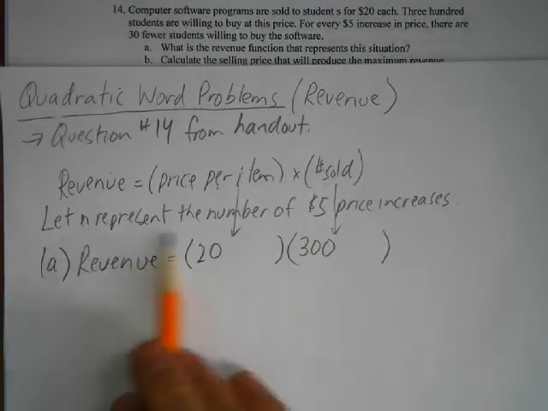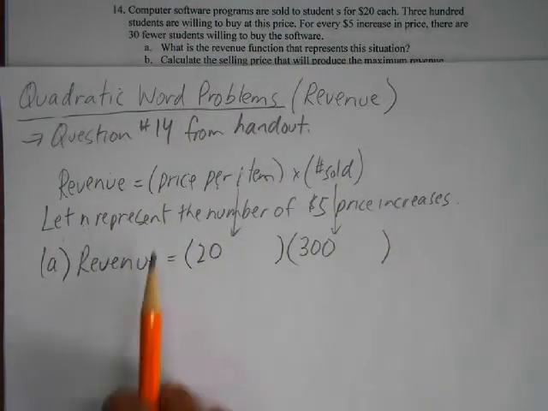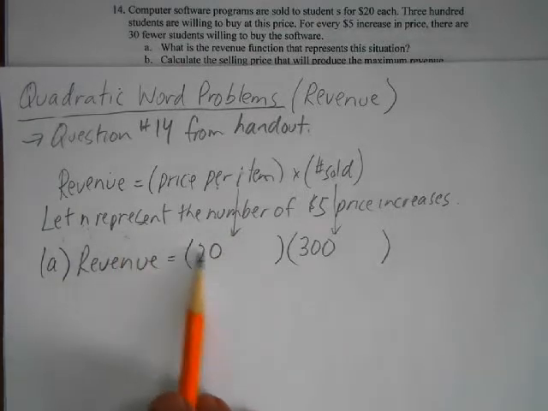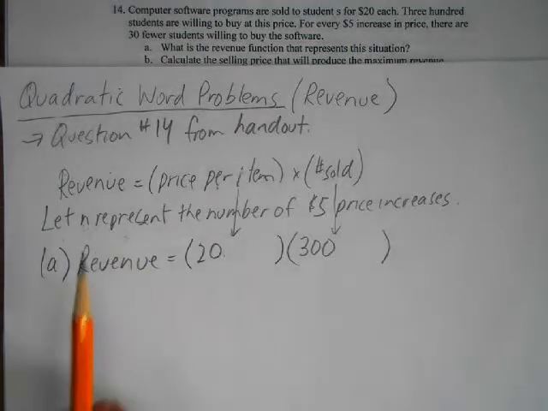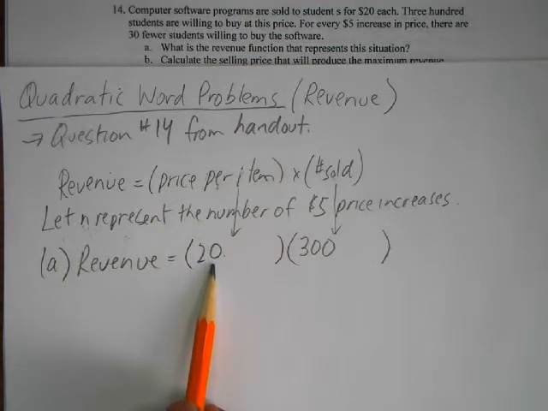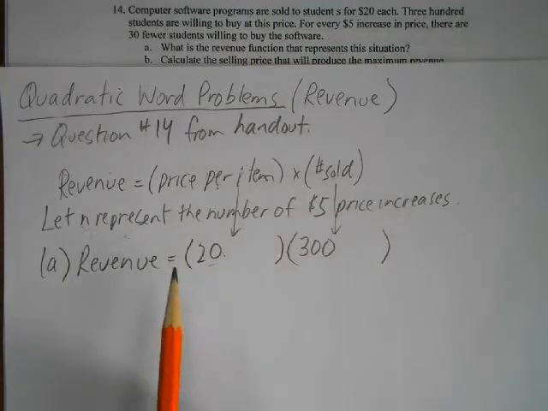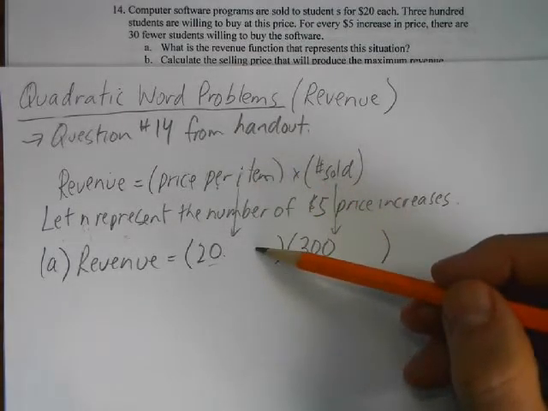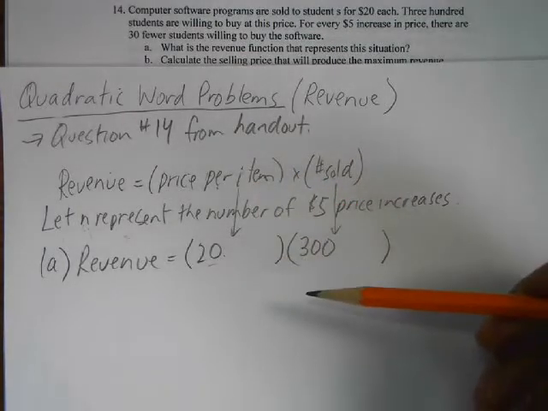So far we're not really using the n. So let's talk about the impact that n will have on the revenue. Every time n goes up, if n is 1, that means we're going to increase the price by 5. If n is 2, we increase it by 10.